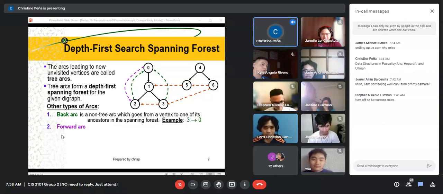A forward arc is a non-tree arc which goes from one vertex to one of its ancestors in the spanning forest. That is the same as what you said, you are just reading the back arc definition. Again, go.